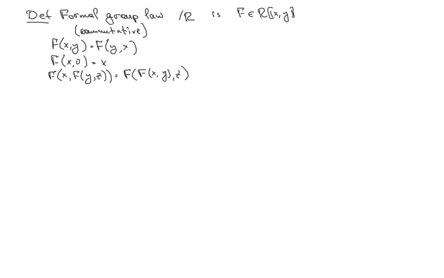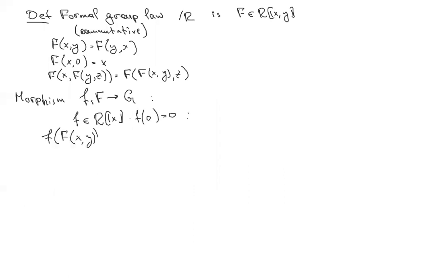Now suppose we have two formal group laws over R, F and G. Then a morphism from F to G is a power series of one variable, starting with 0, obviously, such that f of F(X, Y) is G of f(X), f(Y).